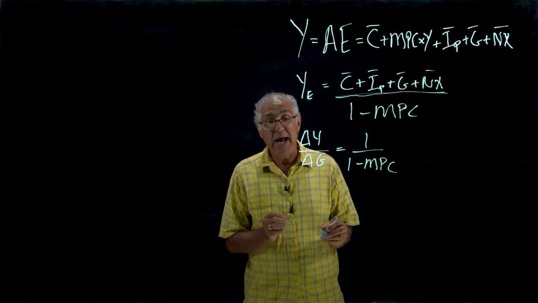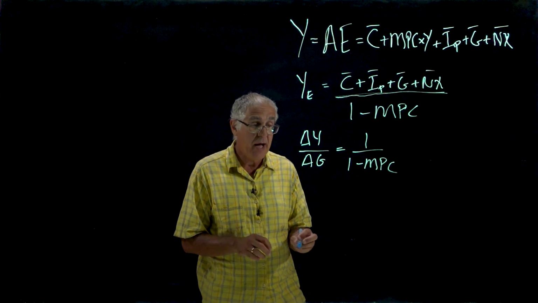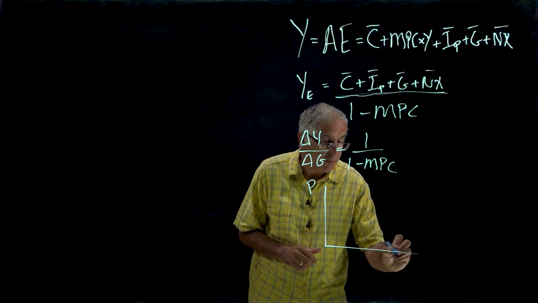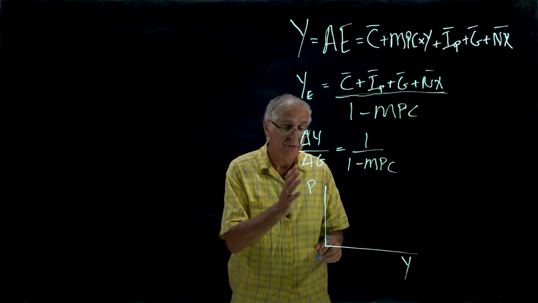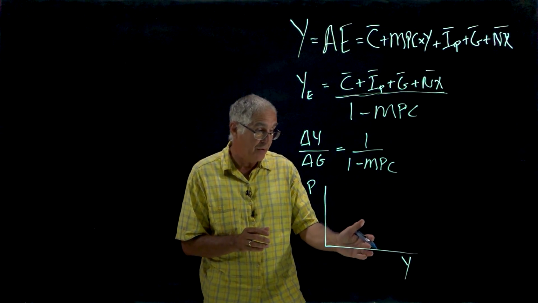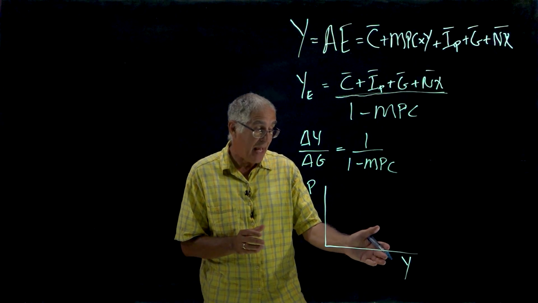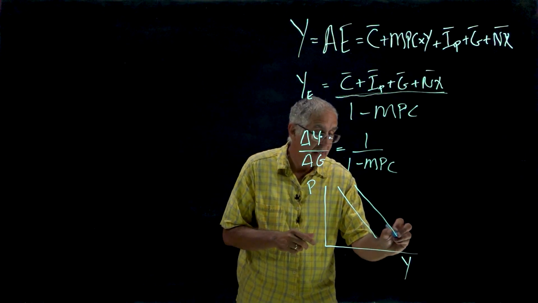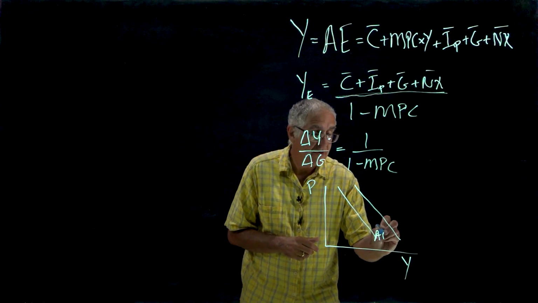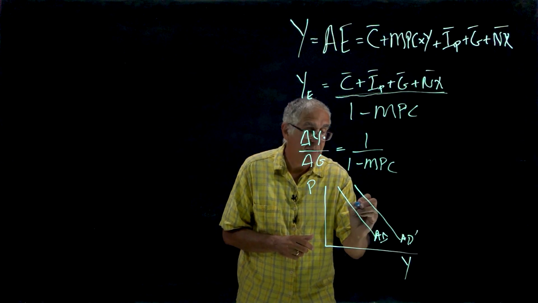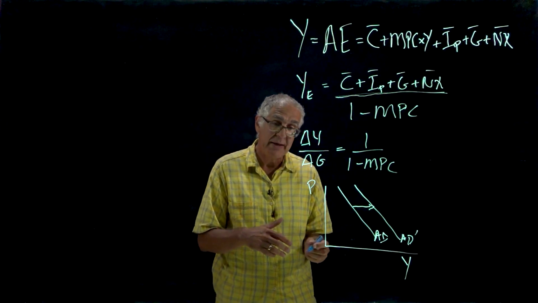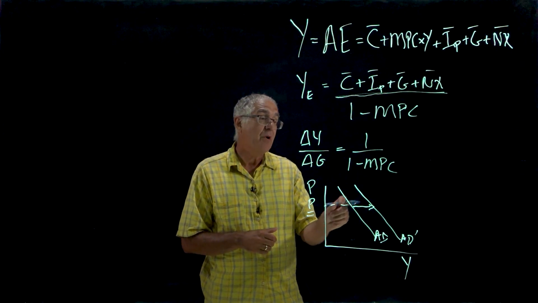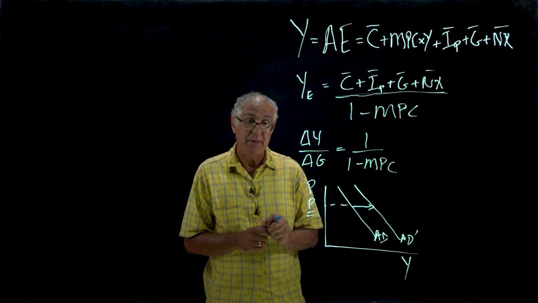If we recall our aggregate demand, aggregate supply model, and I'm just going to draw a little picture of that down here with the price level P on the vertical axis and real GDP given by capital Y on the horizontal axis. What this government spending multiplier is telling us is by how much the aggregate demand curve shifts to the right at a given price level, okay, for a $1 increase in government spending.